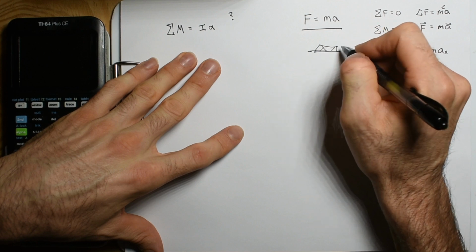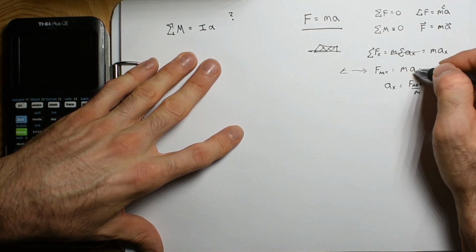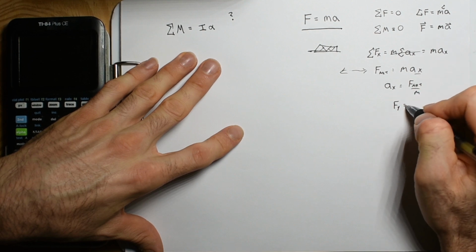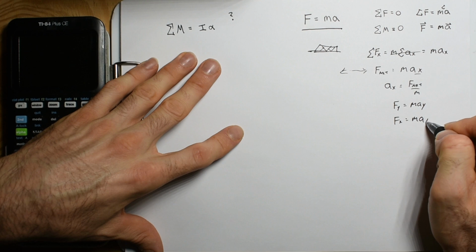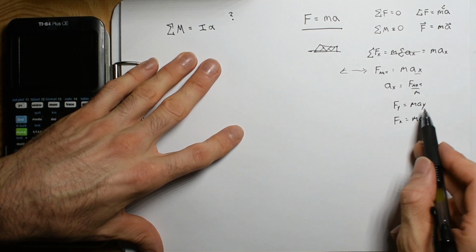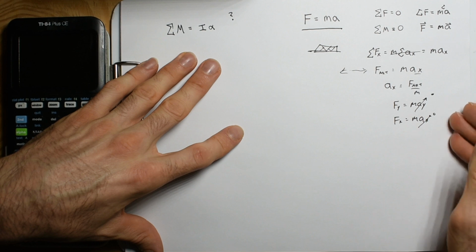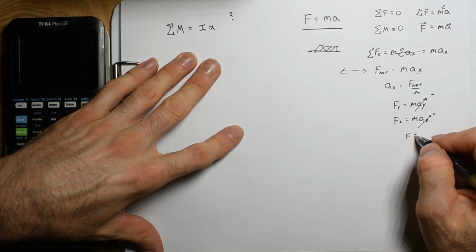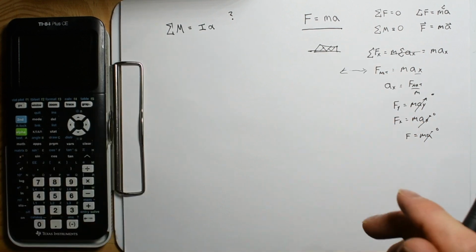So whether it's F_y equals m a_y, or F_x equals m a_x, the acceleration in the y is 0 and the acceleration in the x is 0. Basically, force equals mass times acceleration, with acceleration 0, for statics problems.